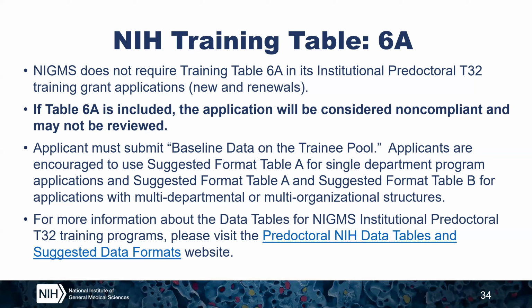Applicants are encouraged to use suggested format Table A for single department program applications and suggested format Table A and suggested format Table B for applications with multi-departmental or multi-organizational structures. For more information about the data tables for NIGMS institutional predoctoral T32 training programs, please visit the predoctoral NIH data tables and suggested data formats website.